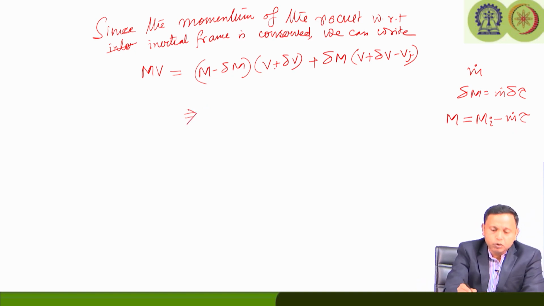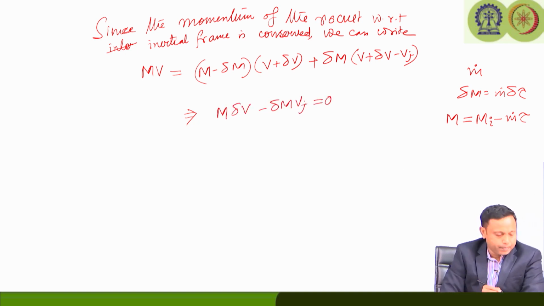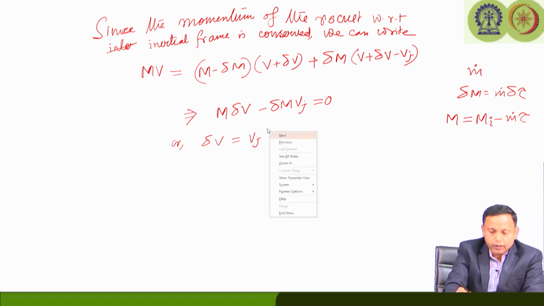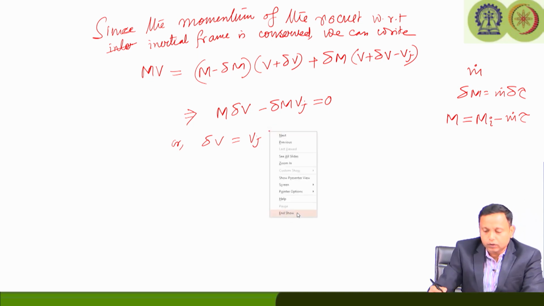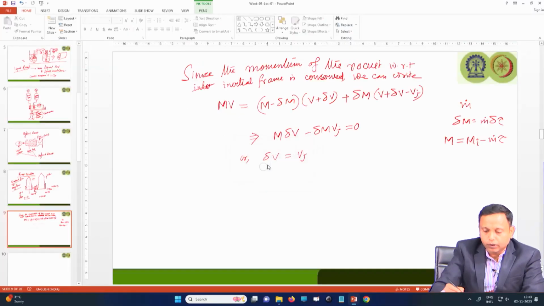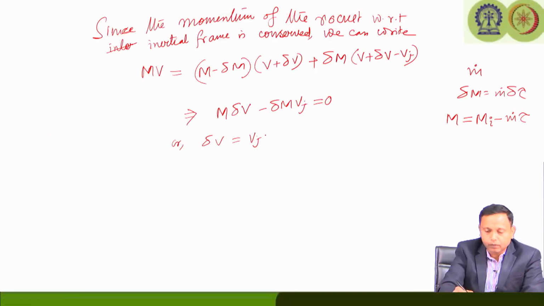But let us do some simplification. You can see that mv will be cancelled out from each side. So, if you do some simplification, it will become m into delta v minus delta m into vj equal to 0. Or we can write delta v equal to vj into delta m by m.